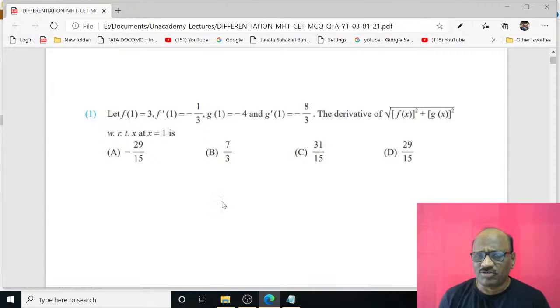Now we'll solve this example. First we'll differentiate this.